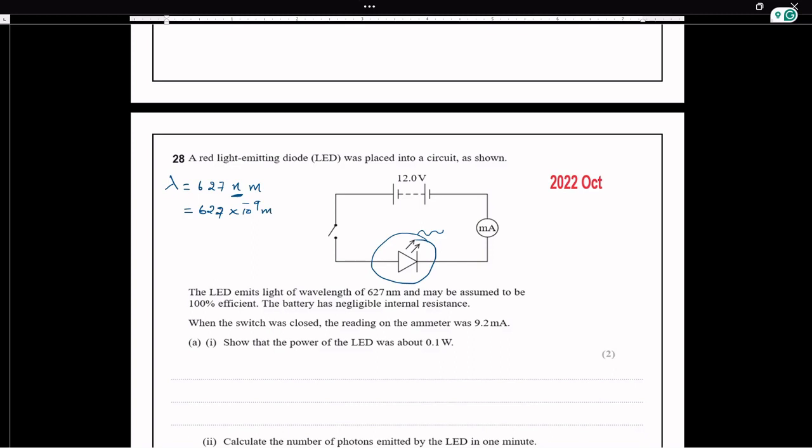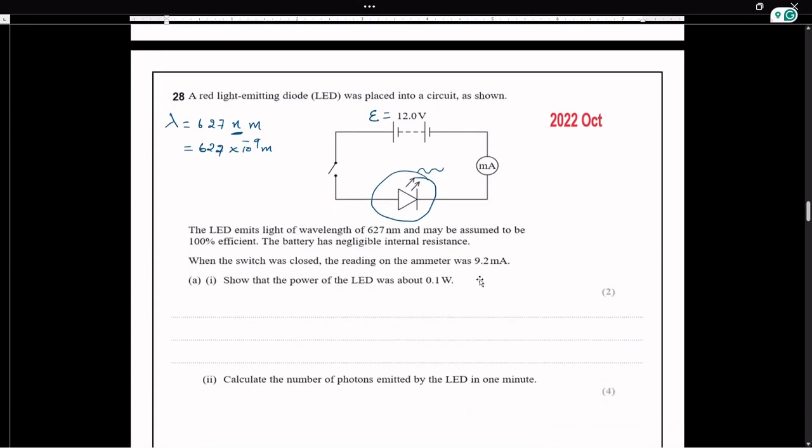It is 100% efficient. The battery has negligible internal resistance. So this is the EMF of the battery. It is given. When the switch is closed, the reading on the milliammeter is 9.2 milliamperes. So here the current is also given.